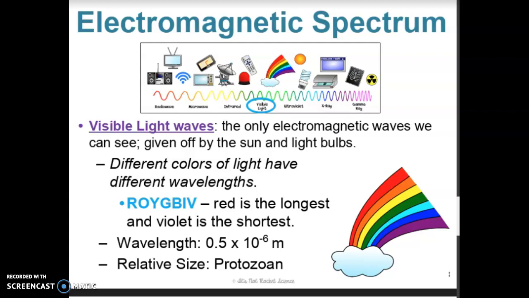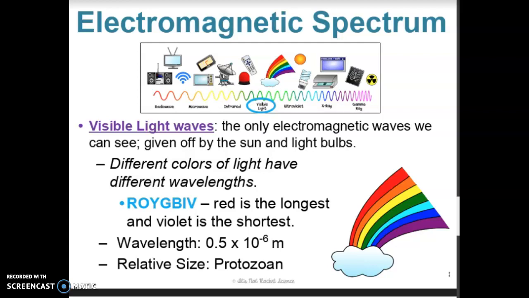Now, inside the visible light, we also have different wavelengths. Red is going to have the longest wavelength. Then it'll be orange, then yellow, then green, then blue, indigo, and violet. As you look at the rainbow, you can see that the color is determined by the wavelength.